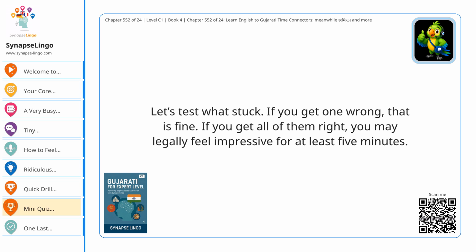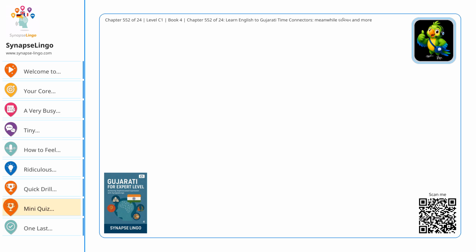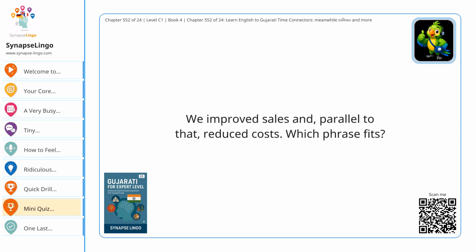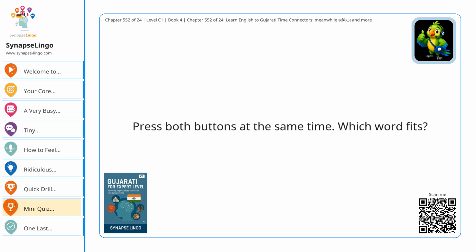Mini quiz with suspicious confidence. Let's test what stuck. If you get one wrong, that is fine. If you get all of them right, you may legally feel impressive for at least 5 minutes. I made tea. Meanwhile, my friend called. Which word fits? દરમિયાન. We improved sales and, parallel to that, reduced costs. Which phrase fits? તેની સાથે સાથે. Press both buttons at the same time.